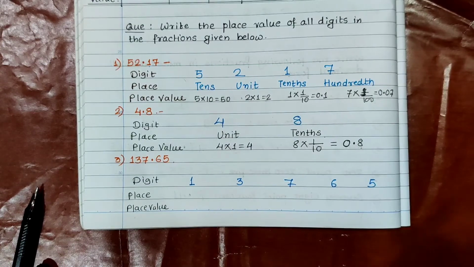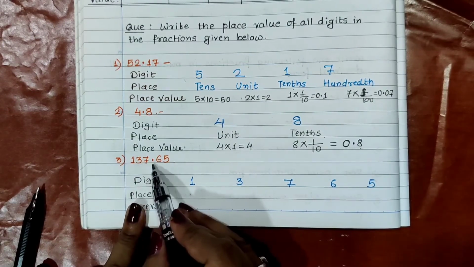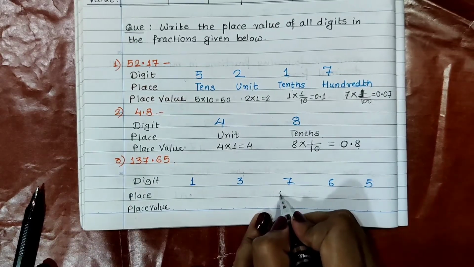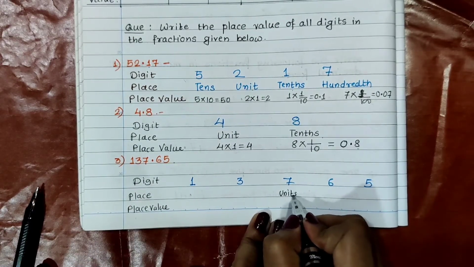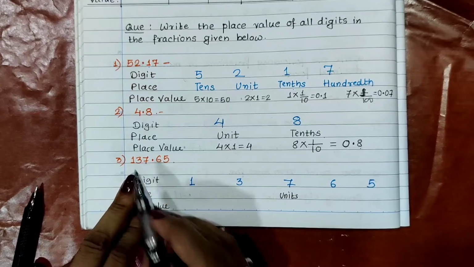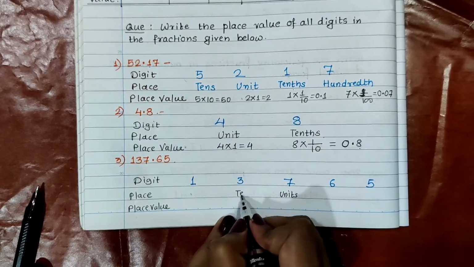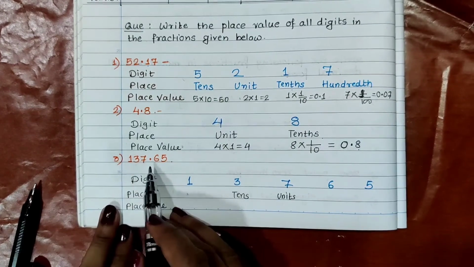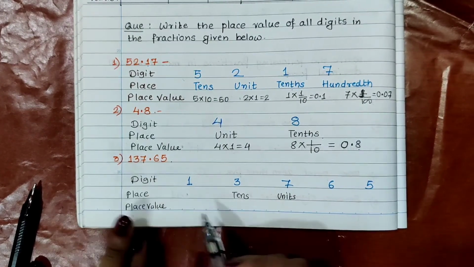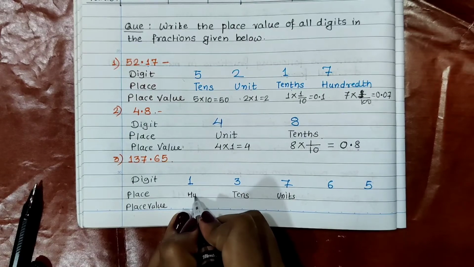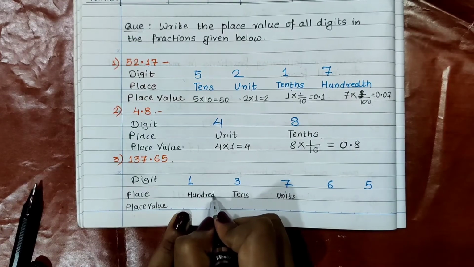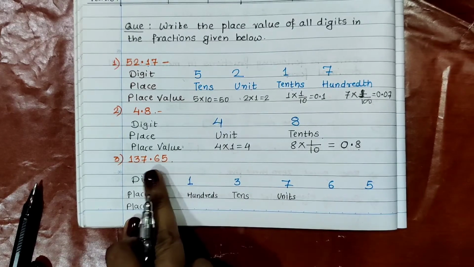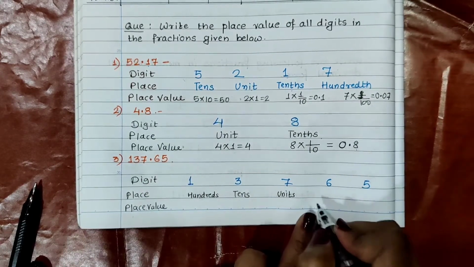First we write on the left side of the decimal point. This 7 is at units place. Then next is 3. 3 will be at tens. Then 1 is at hundreds.